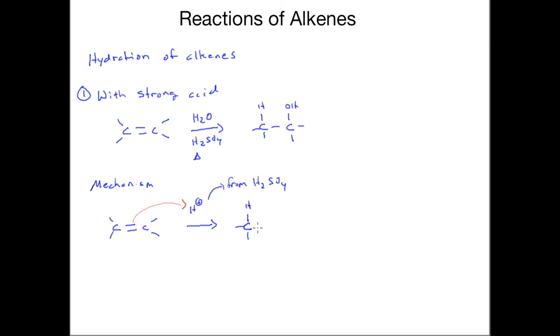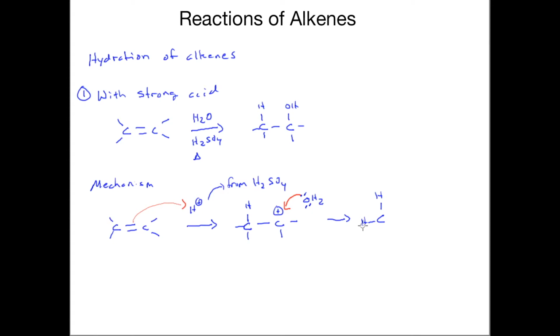The hydrogen goes on one carbon and the other carbon ends up with a positive charge because we've taken a bond away. Now we have water that's surrounding it, and water can come in and attack our carbocation. If water does this, then you can see the resulting structure.